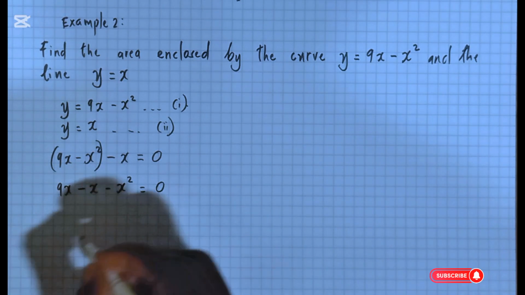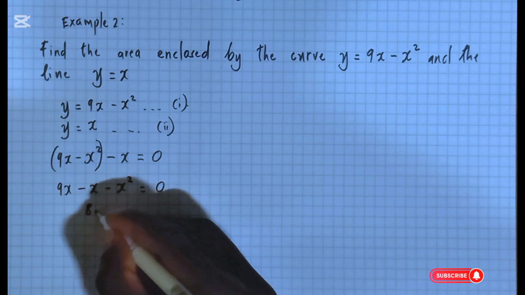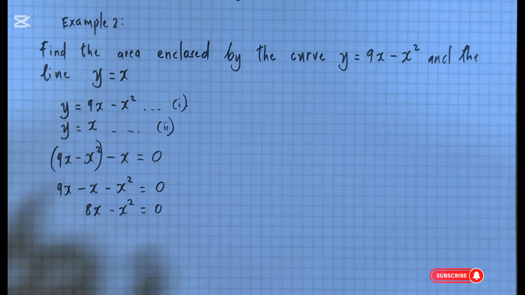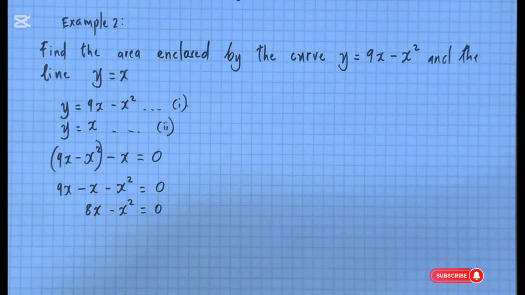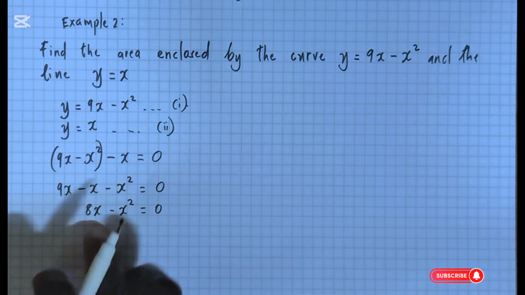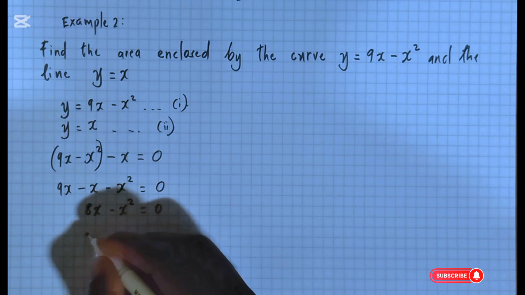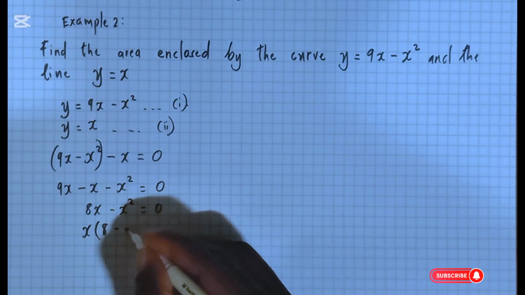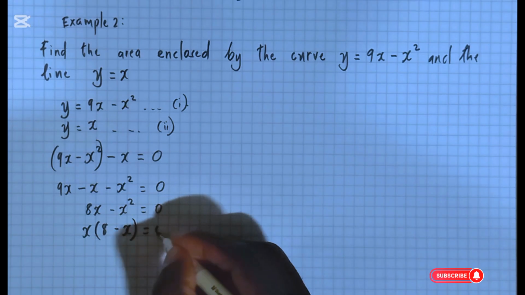So 9x minus x is 8x, minus x squared equals 0. I hope you are following. Notice here that x is a common factor, so when we factorize x out, we have x times 8 minus x equals 0.